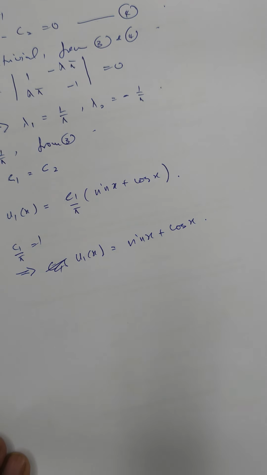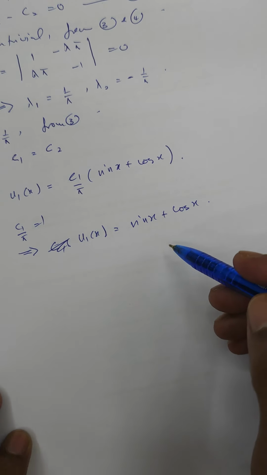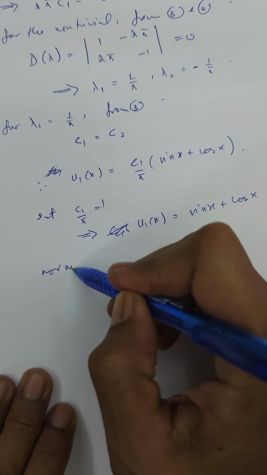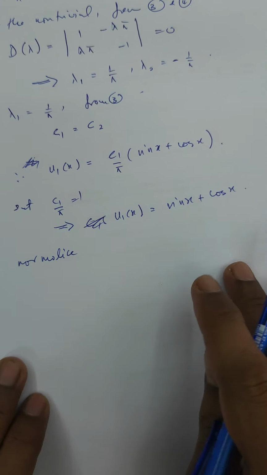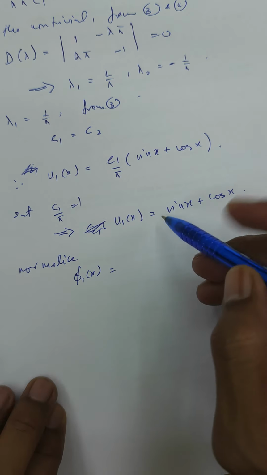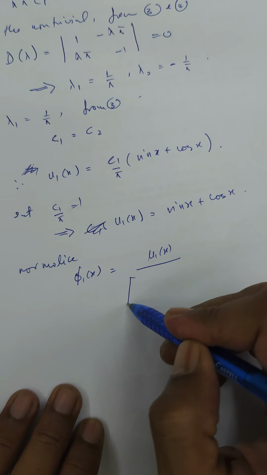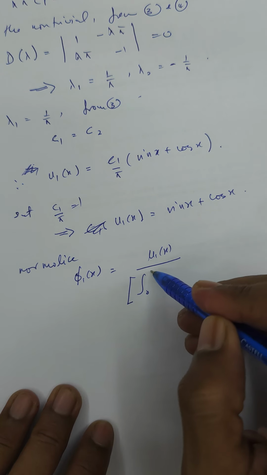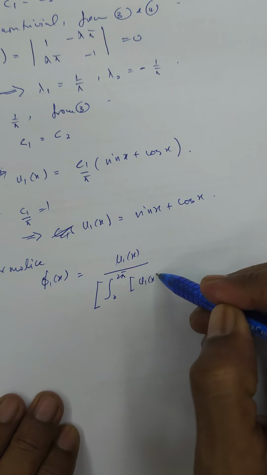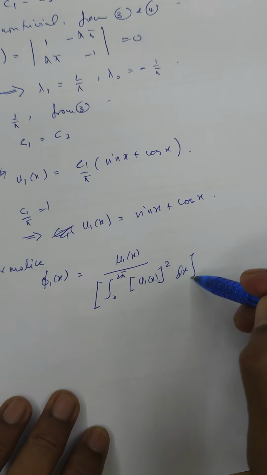Now we normalize this eigenfunction. What we have, phi 1(x) is equal to U1(x) over the integral from 0 to 2 pi of U1(x) squared dx, to the half.